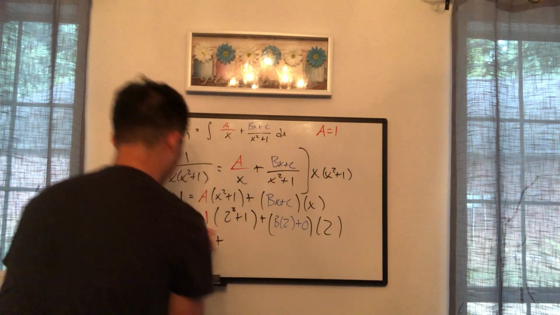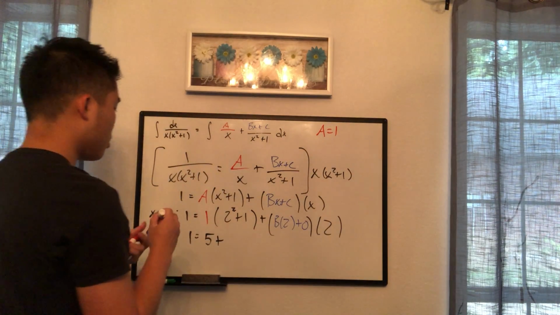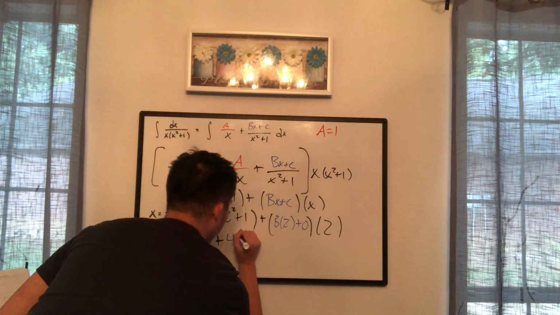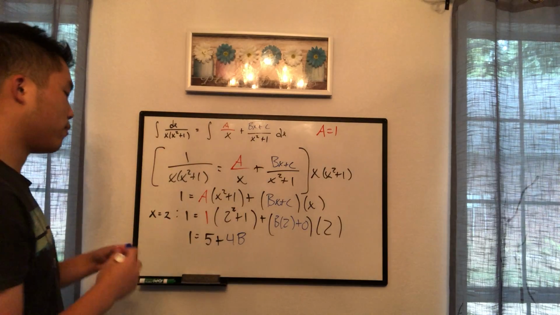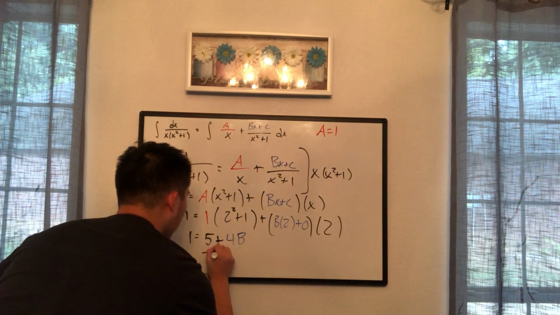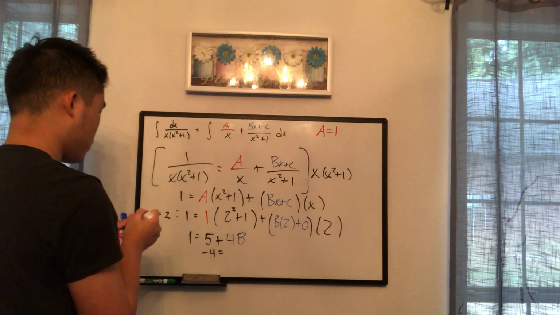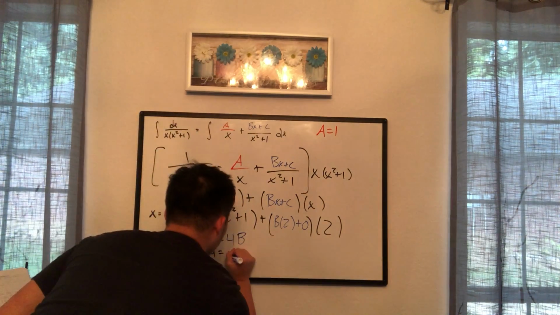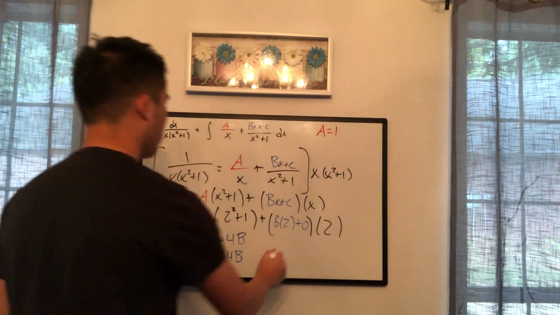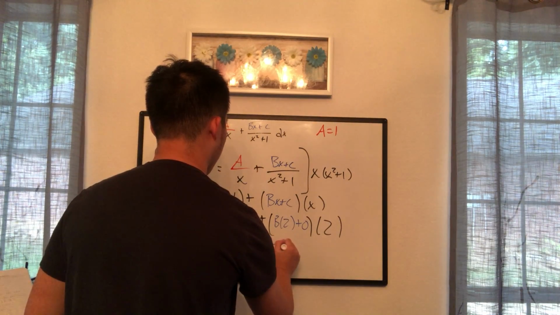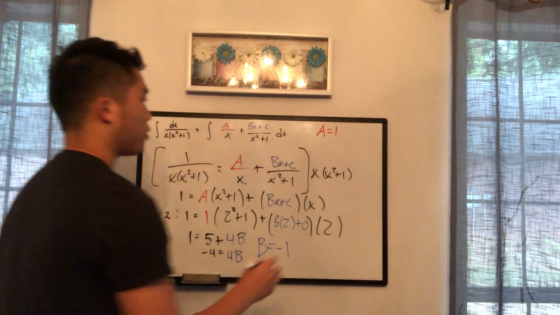So plus 4B. And if you bring the 5 over, you get negative 4. Negative 4 equals 4B. And if you divide by 4, you get B equals negative 1. You're going to write that up here.